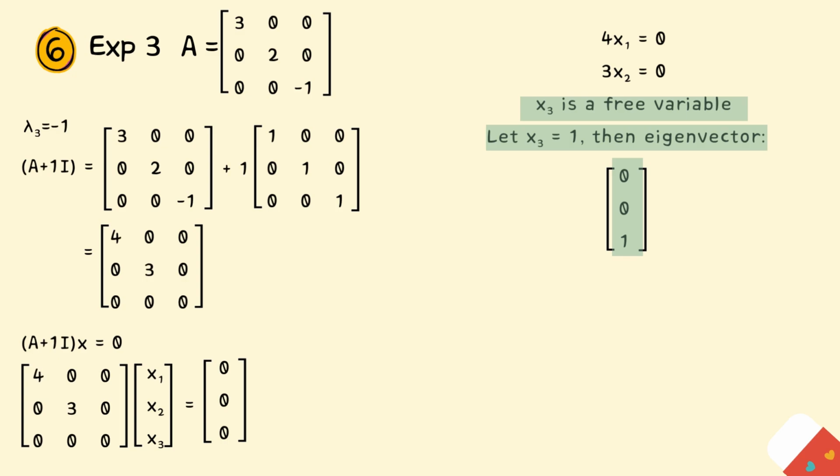Lastly, let's find the eigenvectors for the eigenvalue negative 1. Since the third x is a free variable because it's on the z-axis, the eigenvector will be [0, 0, 1]. Diagonal matrices have eigenvectors lined up along the axes.